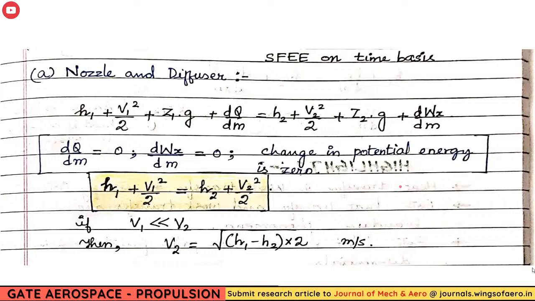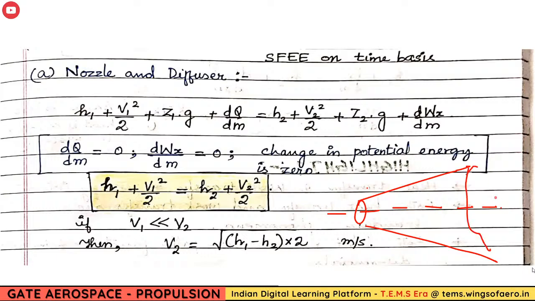So now here we have seen that we have said it is a change in potential energy. Now how can we say this change in potential energy? Just consider it is a center line. This is the intake area, this is the exit area.